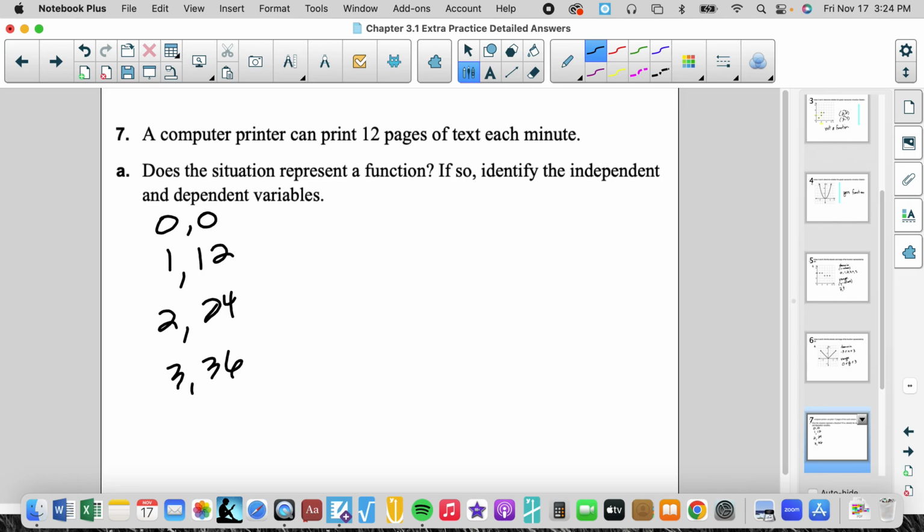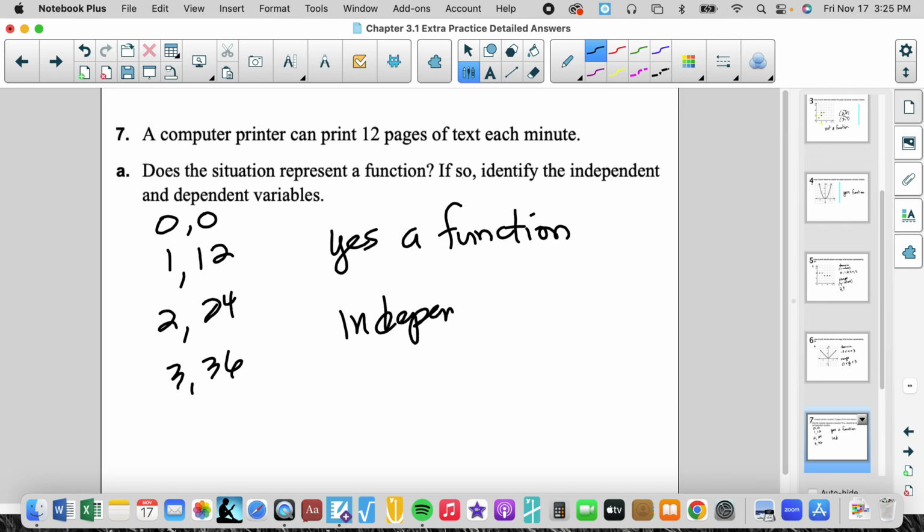So we could say, yes, it's a function. And then the total number of pages of text printed is the dependent variable, because it is dependent on the number of minutes. So it asks first, identify the independent.